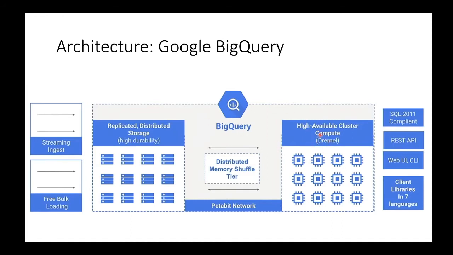They had a compute cluster and a high performance storage cluster. The internals of the Dremel paper indicated that the storage was based off of Google's distributed file system, GFS, which was later Colossus, and you had a high performance network, the Jupiter network. That's how Dremel worked, and BigQuery uses the same underlying principles.